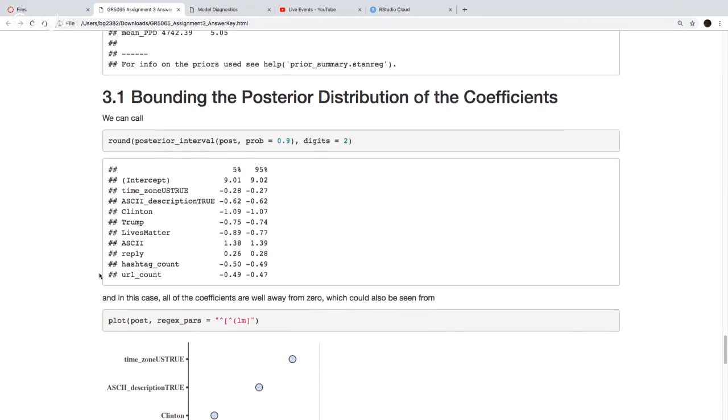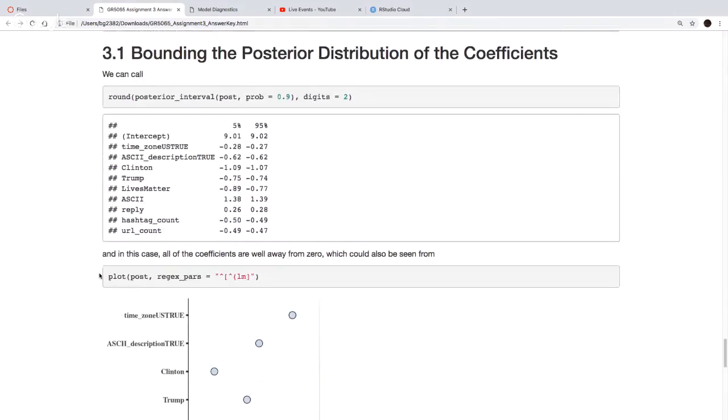So in terms of bounding these away from 0 with 90% intervals, in this case all of them are. But some people were using the number of status updates that you have on Twitter, and that coefficient was so small that it was basically consistent with 0.